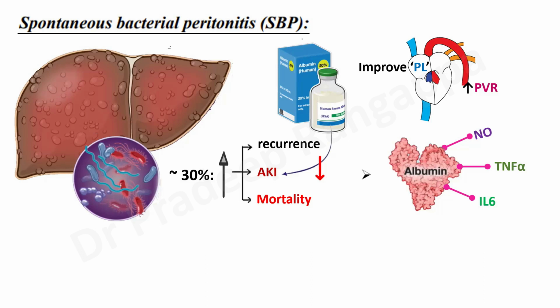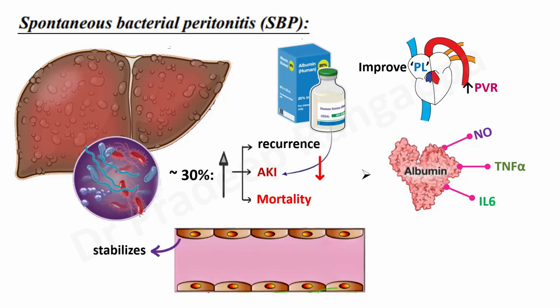Low albumin leads to free circulation of these toxins, leading to vasodilation, hypotension, and a vicious cycle. Albumin is also shown to stabilize the vascular endothelium, and it reduces intravascular factor 8 and von Willebrand related antigens.